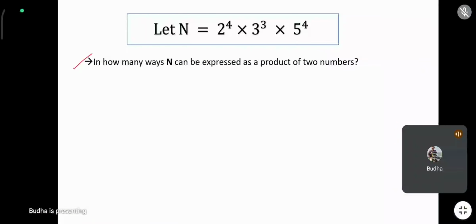Another is in how many ways n can be expressed as a product of two numbers. अब ये क्या मतलब है? How can I express n as a product of two numbers? For example, again, this question has also been asked, okay?